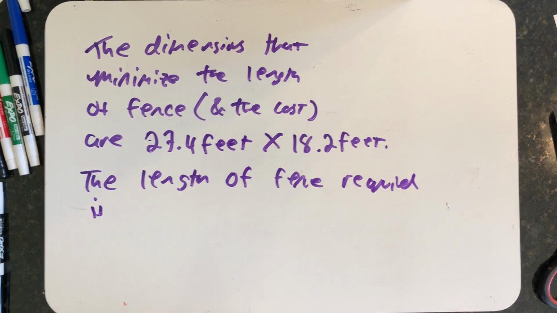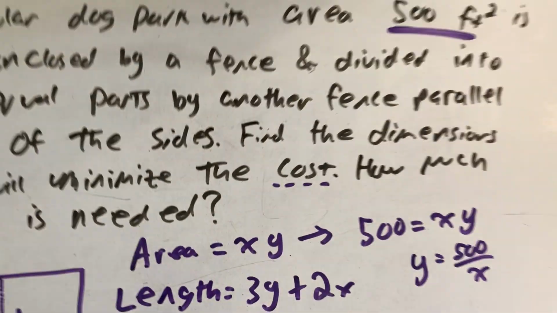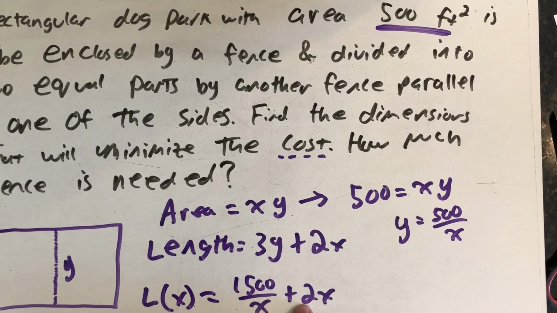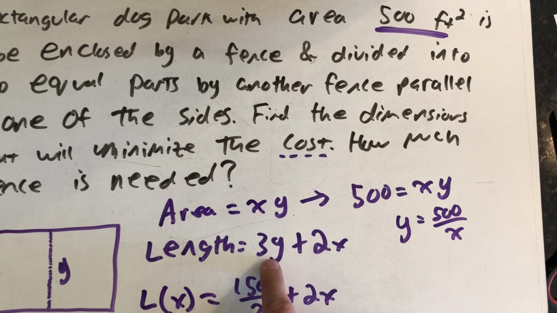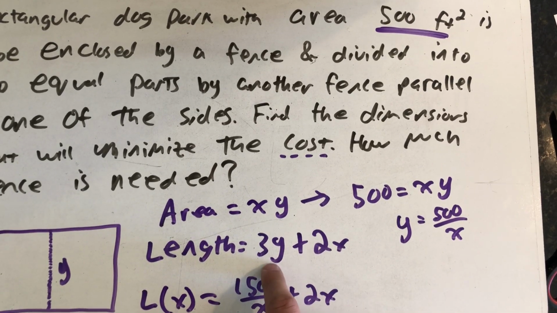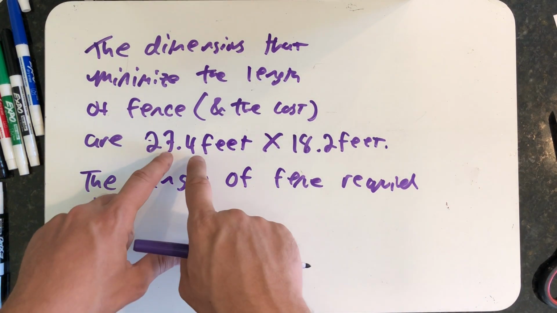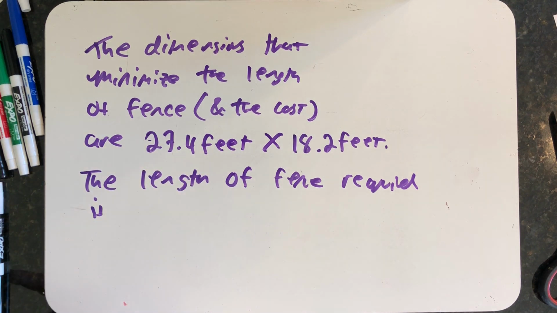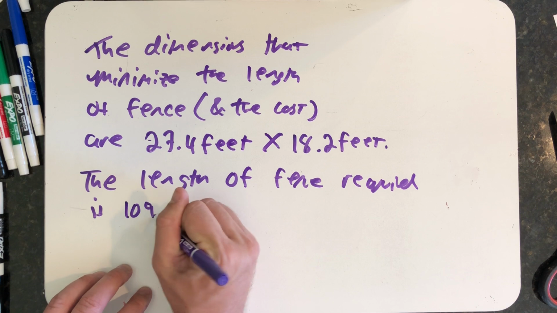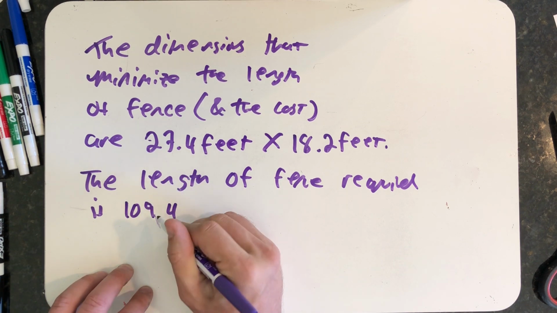And I have many choices here for what to use to report that. I could use this function where I just plug in an x, but I'm actually going to use my original statement that I have 3 times y and 2 times x. So x is what I found, so I have 2 of those, 2 times 27.4 plus 3 times y. About 109.4 feet.